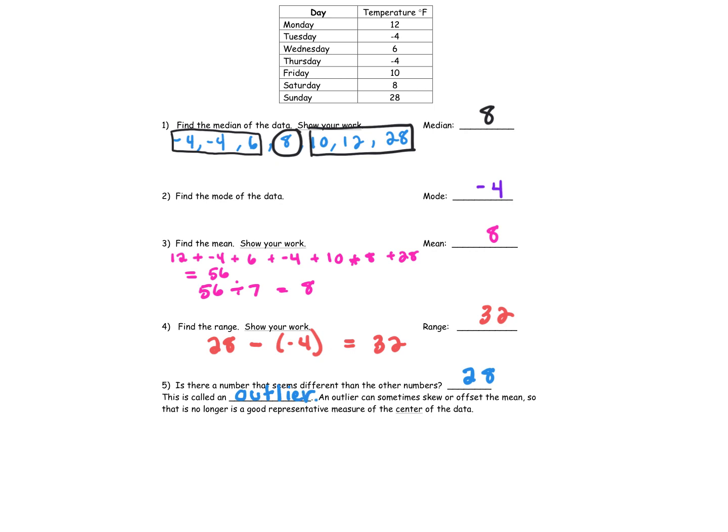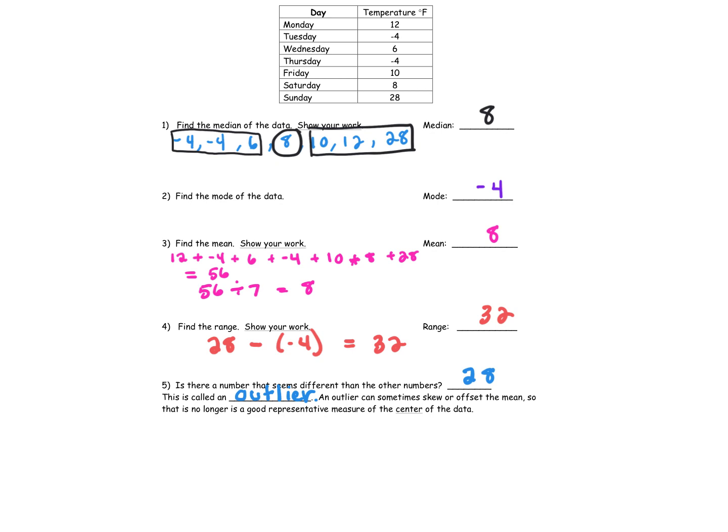An outlier can sometimes skew or offset the mean so that it's no longer a good representative of the center of the data. So in this particular case, we ended up getting 8 as the mean and 8 as the median.